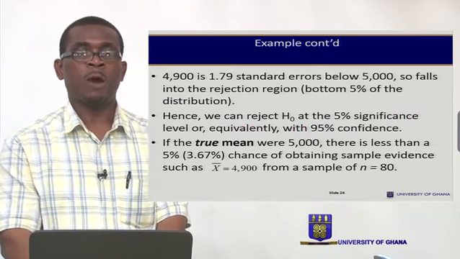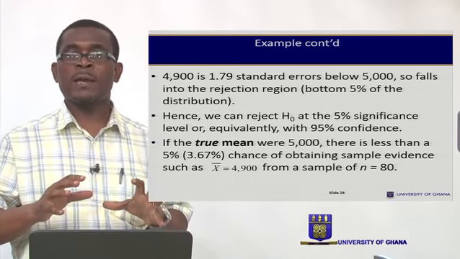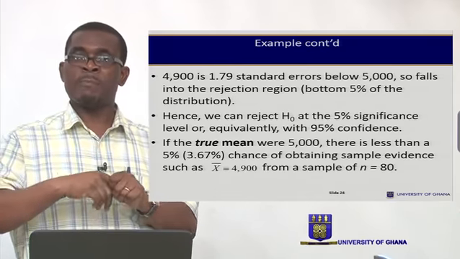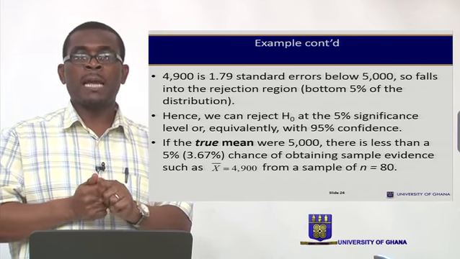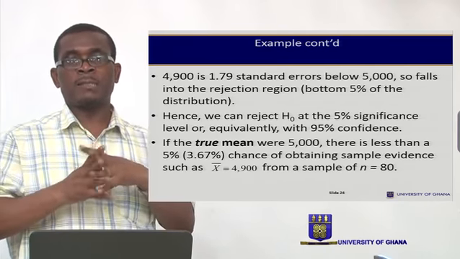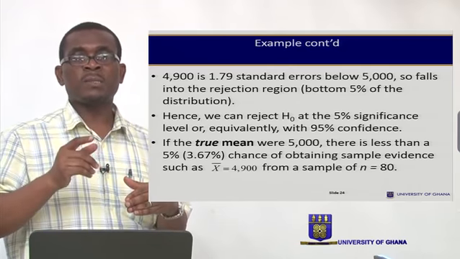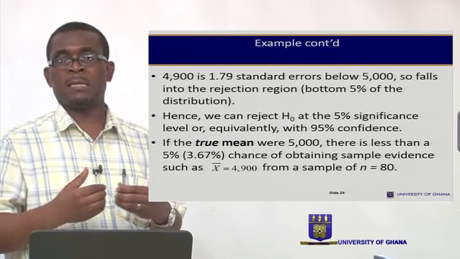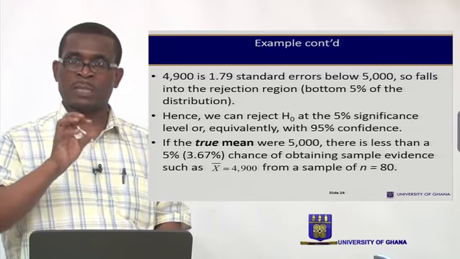The point we are making here is that if the true mean were actually the 5,000 being claimed by the manufacturer, then there's less than a 3.67% chance of obtaining sample evidence such as x bar of 4,900.